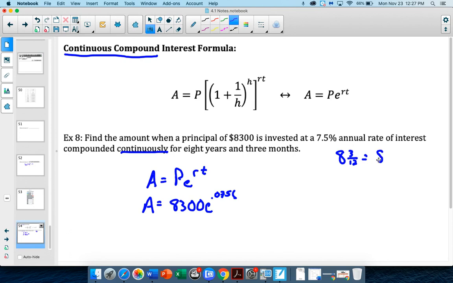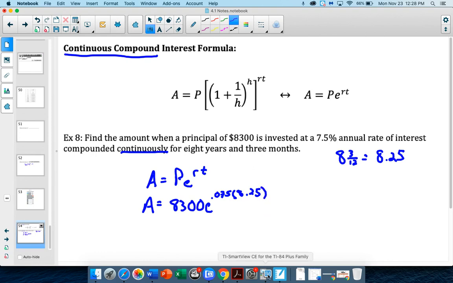So 8 years and 3 months would be 8.25 years. That is the value that we want to plug in for the time, for the number of years, 8.25. And then we can plug all of this into the calculator.